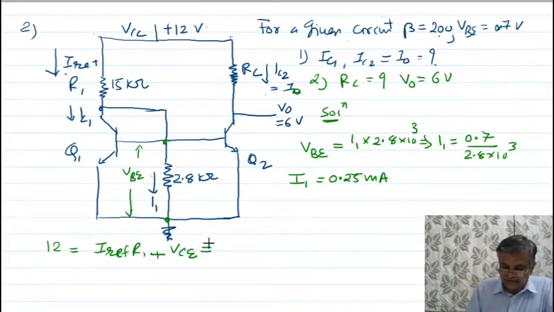So I can write 12 volt is equal to I reference into R1 plus VB.